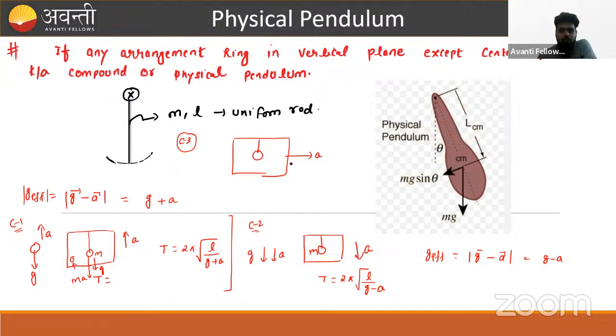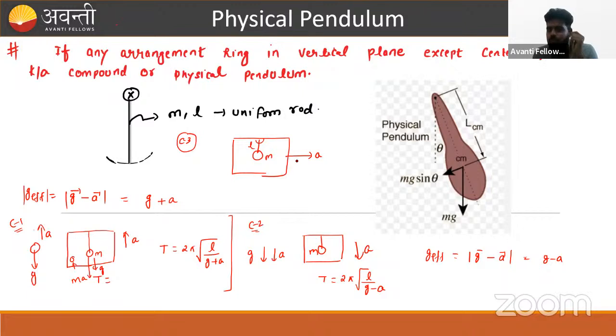If our pendulum is moving in the rightward direction, length of string is L, mass of bob is M, then what is the time period of this pendulum? How can we find out? Just think, that is very easy, beta. And if we see the previous year paper, we can see how much helpful it is for us. So that is the simple concept and we can understand the concept very easily.